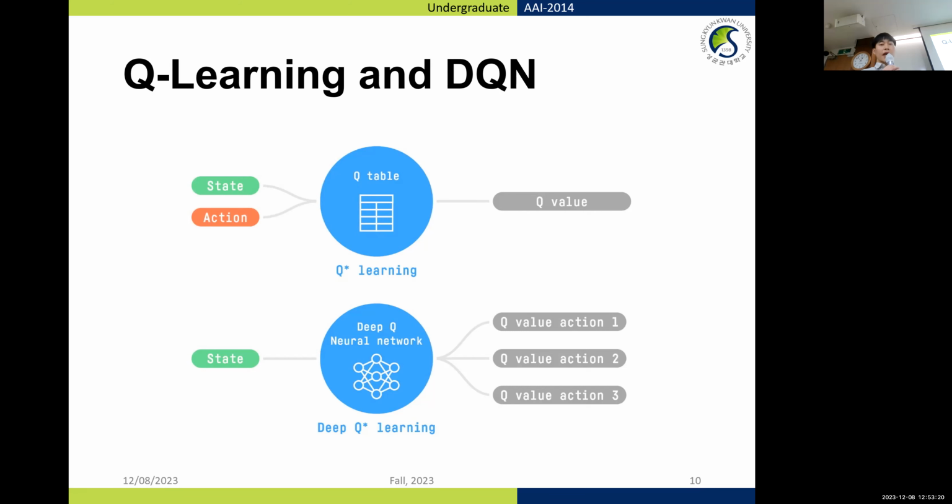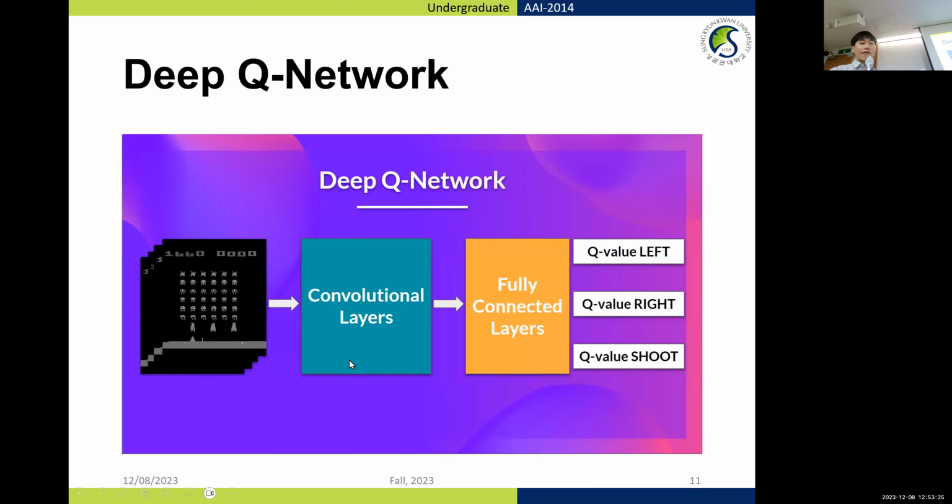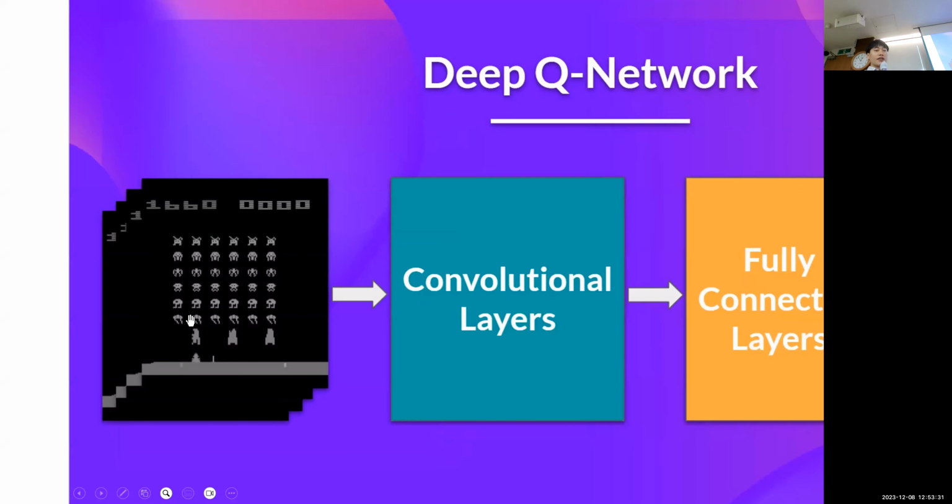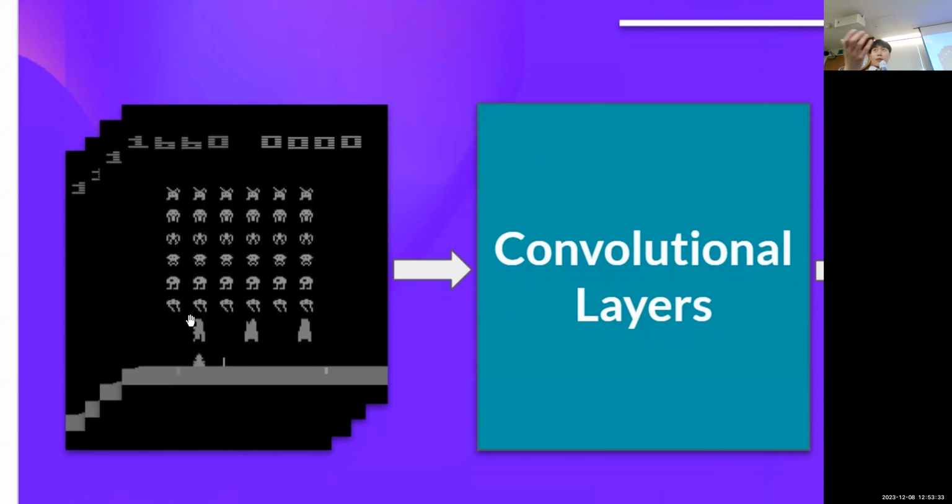So this is the comparison between the tabular Q learning and the deep Q learning. For example, if you have this environment on the left-hand side, with images, for example this Atari game, we can directly use the images for learning, to decide the policy and the Q values of the actions. Then we use multiple frames of this game, where each frame has one action, right?